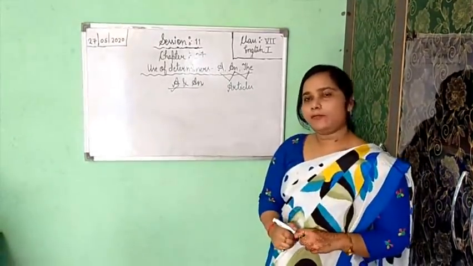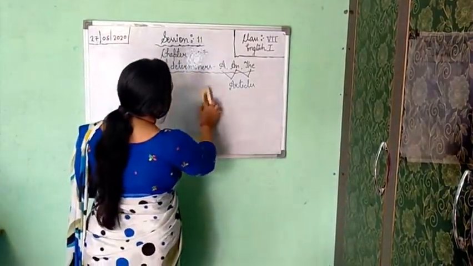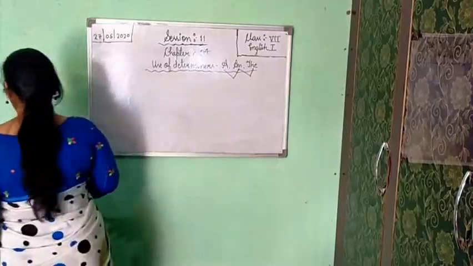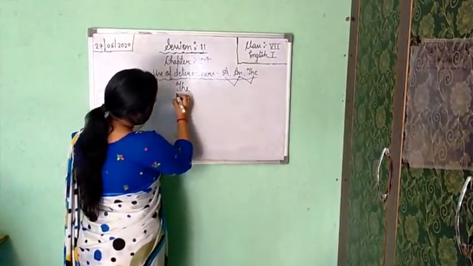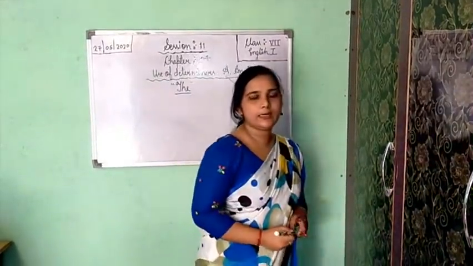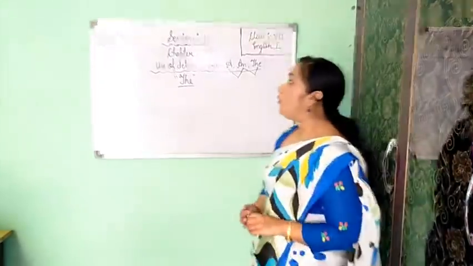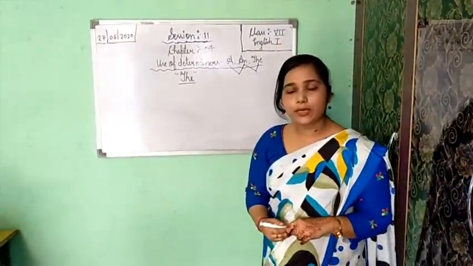Now, in the definite determiner, we are getting the. As I have told you, in the definite determiner, you are getting the. And where will we use the? What is a definite article, definite determiner? So, the definite determiner denotes a particular thing.